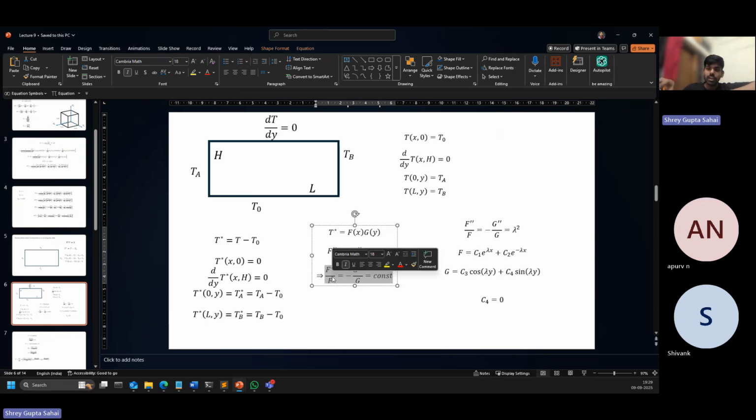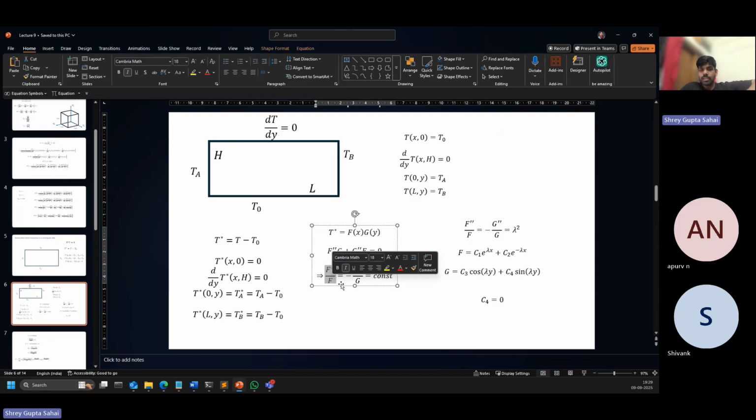Let's first try to understand this problem, then we'll come to the eigenvalue part of it. Just follow what I'm trying to bring out here. Note that our solution has to be a finite solution. That is an important requirement, right? Now, in this kind of situation, f double dash by f is a constant.